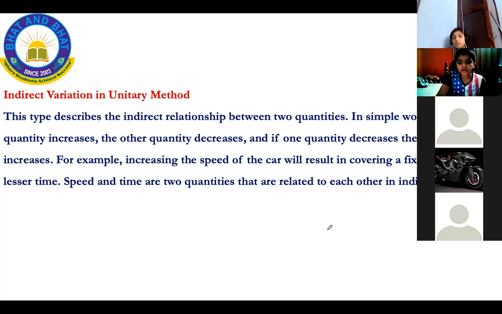Instead of taking 30 minutes, you will take only 20 minutes. So what happened now? If speed increased, time decreased. Correct? Oh, I understood now, ma'am. So now they are not directly related. They are indirectly related. If one is increasing, the other one will decrease. Understood? Yes, ma'am.